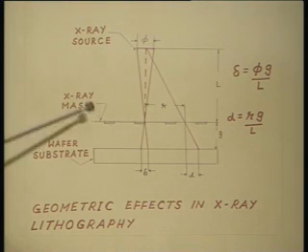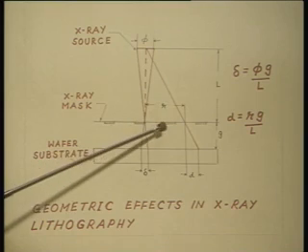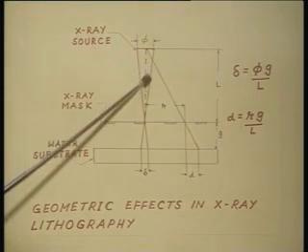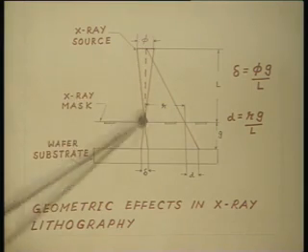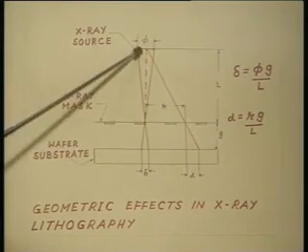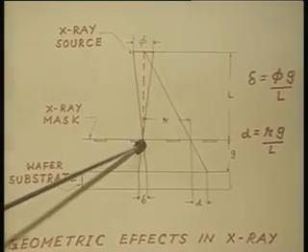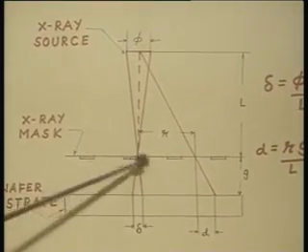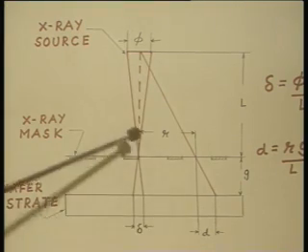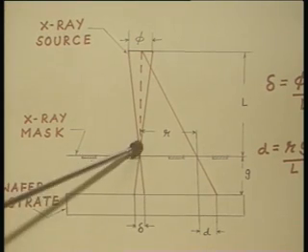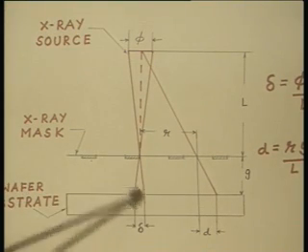Now, you see these are the patterns on the mask. At the edge of the mask pattern, the X-ray beam is focused, and because of the finite separation between the mask and the wafer substrate, it causes a penumbral blur on the substrate.